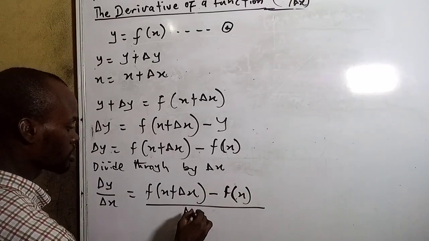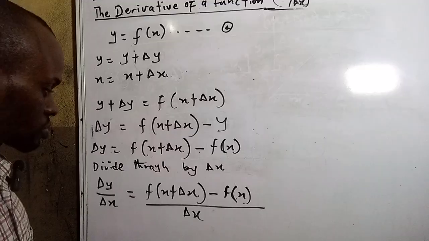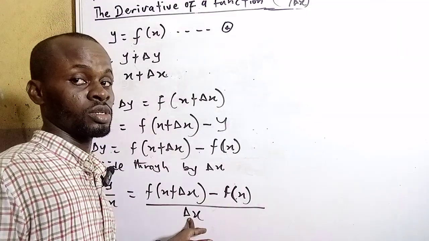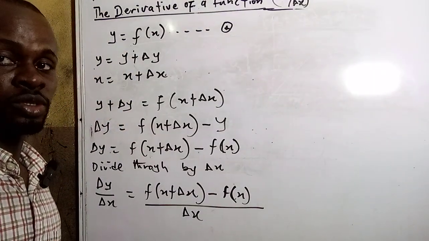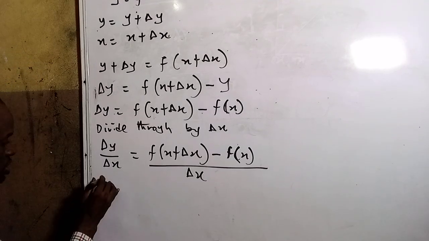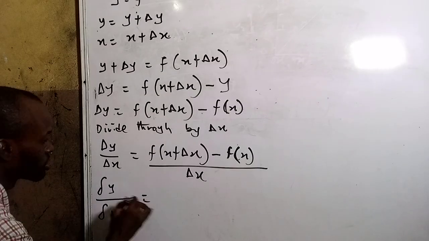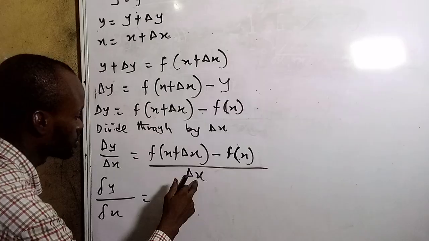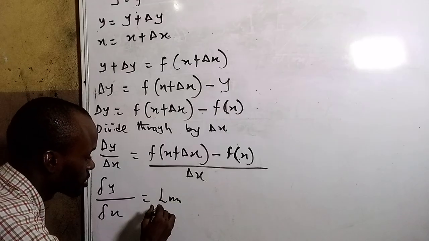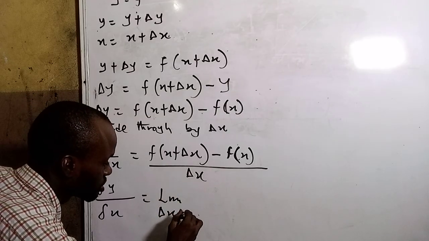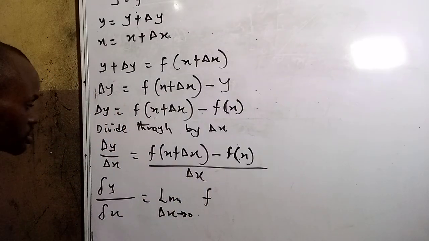So the next thing we need to do after getting this expression is that we should be able to limit this dx to 0. When we limit dx to 0, then we get the derivative of the function. So all we need to do now is to take this expression and limit dx to 0 in everything we are doing.